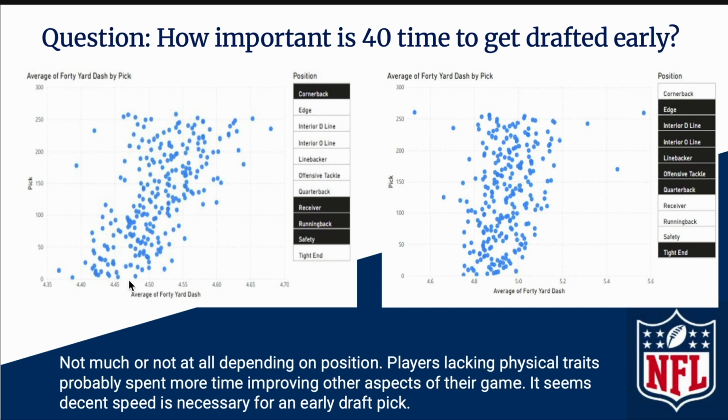And again, it's a very weak relationship, although it seems like if you want to get drafted in the top 100, you've got to be decently fast, like run at least a 4.55 here. And with all the other positions, you really can't see a relationship at all between 40-yard dash and pick. I'm thinking this is due partially to the fact that players who are slower probably spent more time to focus on other aspects of their game, which are not measured by the 40-yard dash, and then they get picked earlier based on those traits.